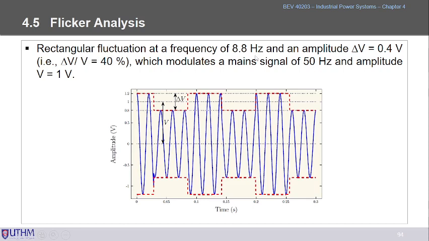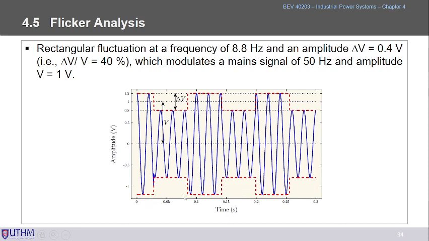Then of course you can simply calculate the frequency, let's say for one cycle, from here up to here. Let's say this is 0.145 second, and this one is about 0.03.